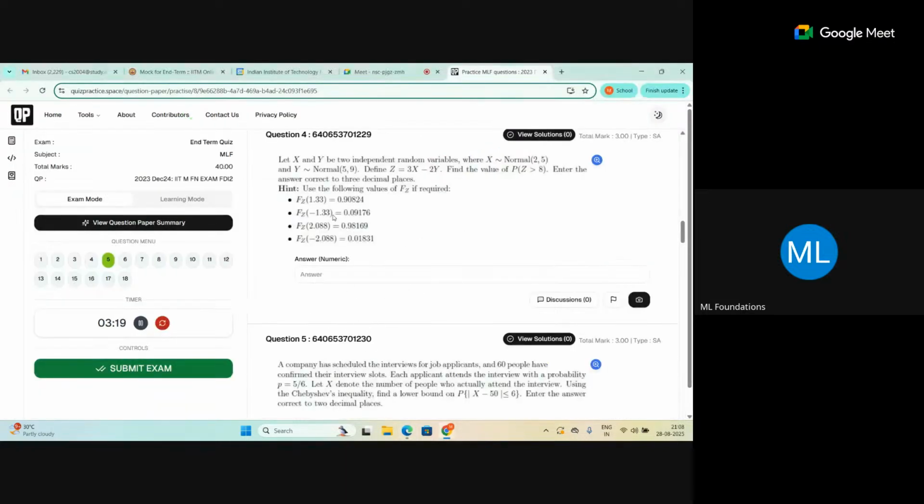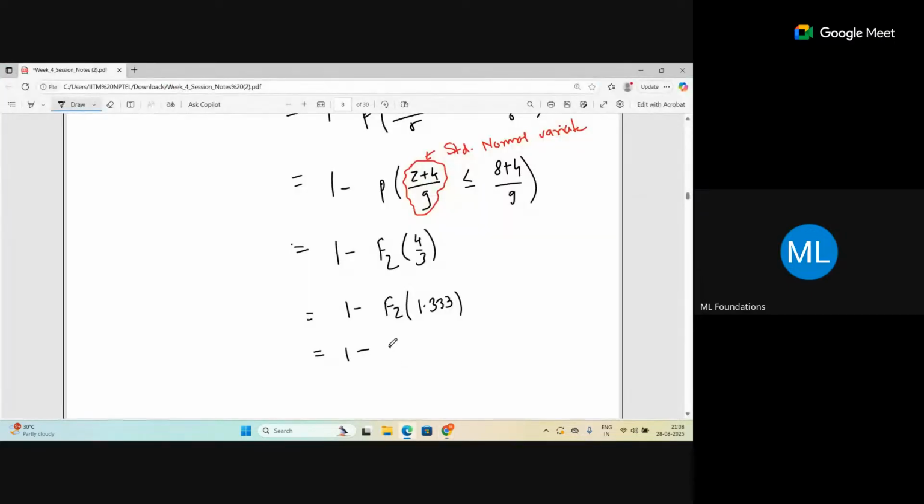If 1.33 is this one, 0.90824, and you can calculate it.